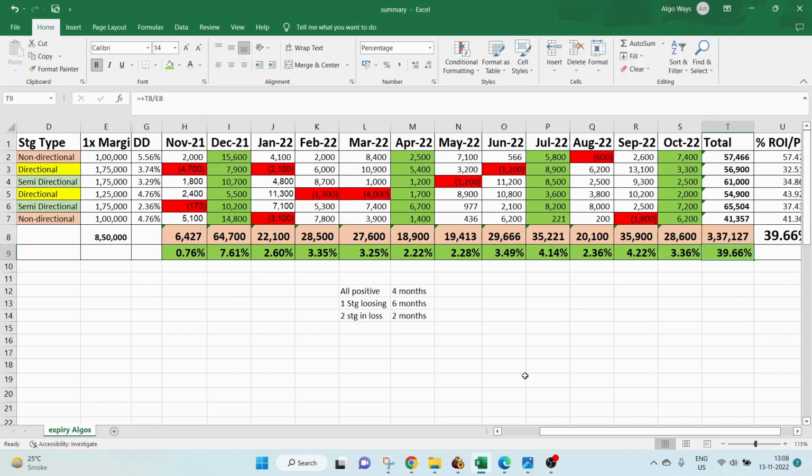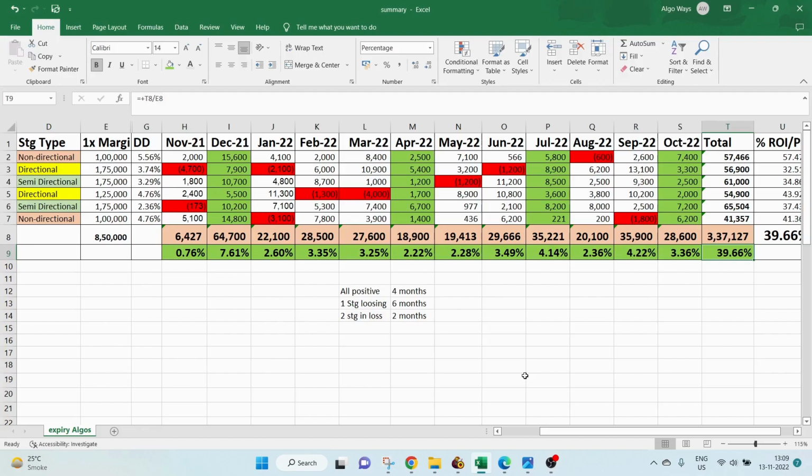So if somebody wants to make use of expiry specific algos and then combine them with the non-expiry high probability algos, either their own or from Algobase, which I will be posting in Telegram channel by tomorrow, then they can maximize the return from the NSE algos. And then adding to it we have MCX algos as well from 3:30 onwards, which are doing very good.